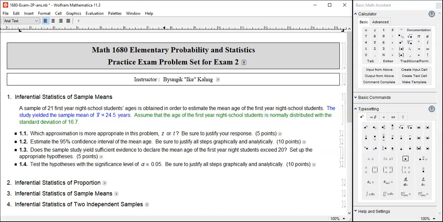And if you felt a little bit uneasy about this whole business, the distinction between Z or T for sample mean, I think you're going to be okay, mostly, because this problem is a relic from the previous textbook. Currently, we are using Sullivan's textbook as the main textbook, but previously I've been using Johnson and Kuby's textbook.